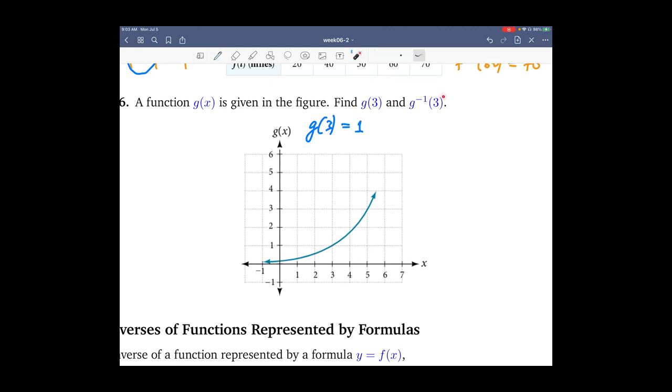Now, what is the value of g inverse at 3? G inverse at 3, it's a value such that g at that point is 3. So we should consider the horizontal line y equals 3.